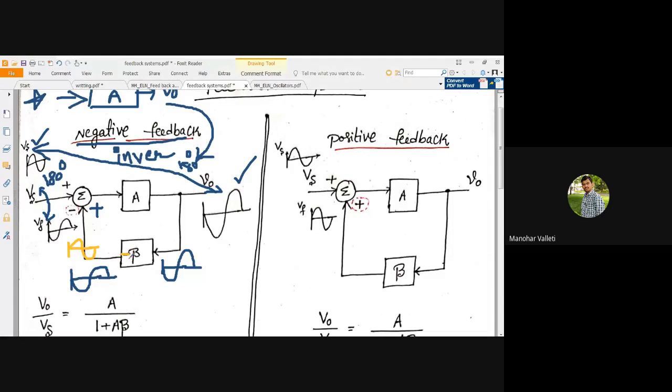If the beta network is able to give 180 degrees phase shift, then you'll get at the output of the beta network the waveform shown here. So that already minus is there, this minus and this minus will become plus. And you compare this waveform and this waveform, you see both are in phase.